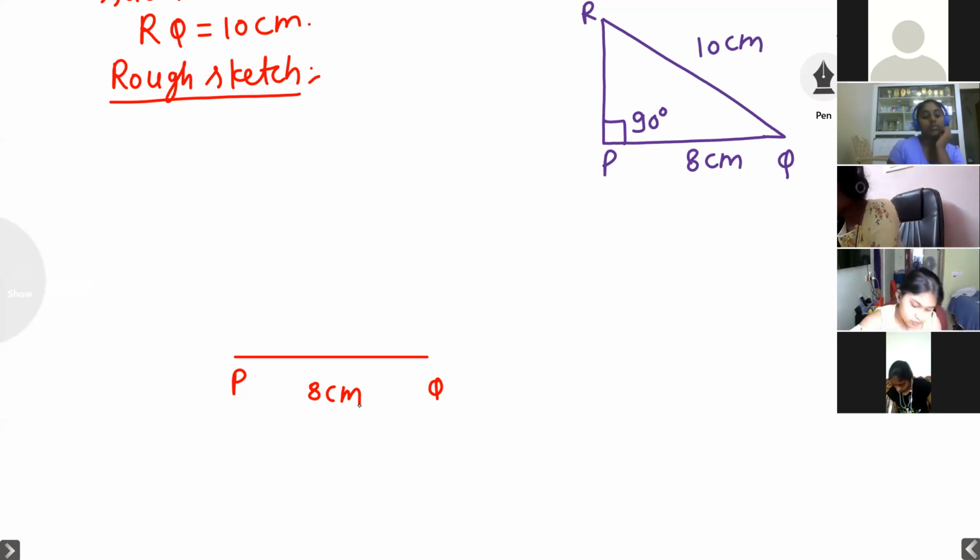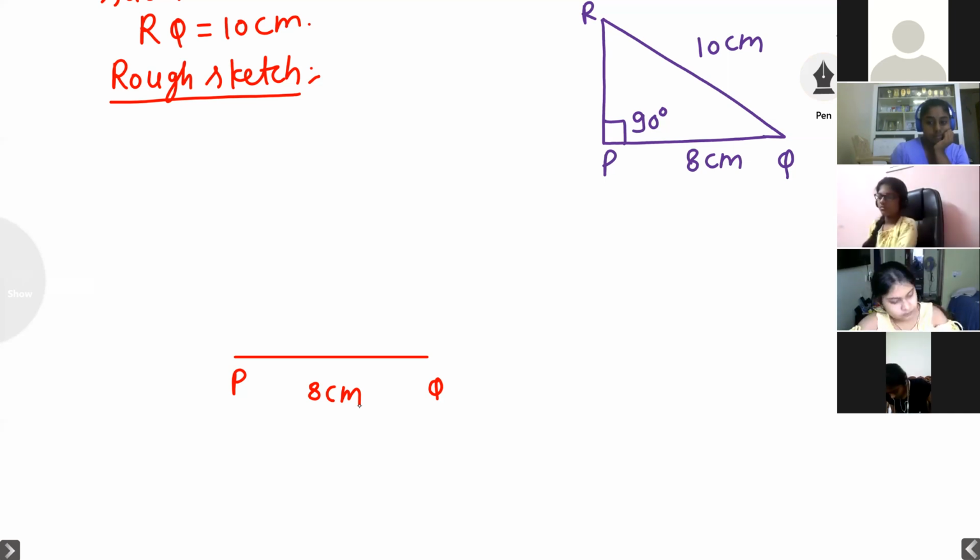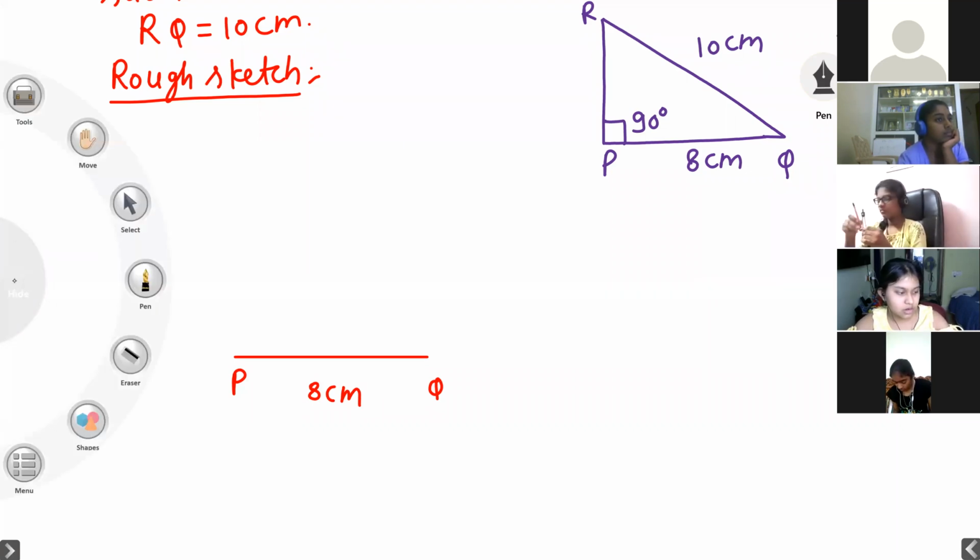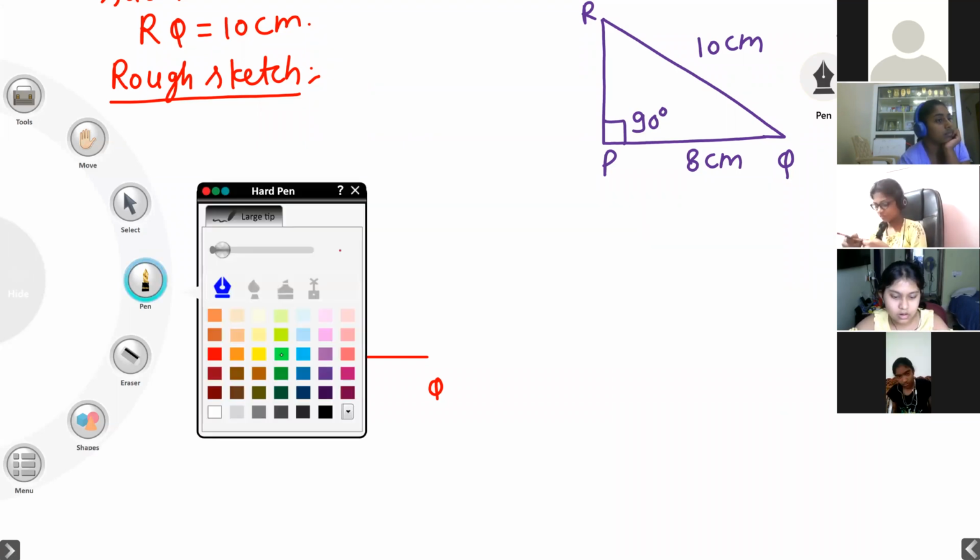Now I am going to construct 90-degree angle not by using protractor, by using compass, because when we do RHS construction, I want to construct 90-degree angle with the help of compass.